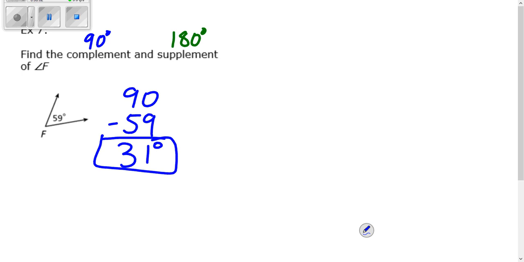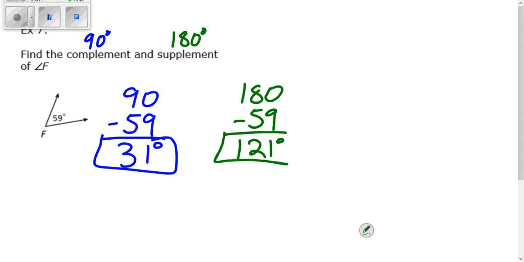So the complement is 31 degrees. The supplement, we start with 180. We know 59. We want to know what the other angle is that adds up with 59 to get 180. So we subtract by 59. And we get 121. So 121 degrees is our supplement of angle F.